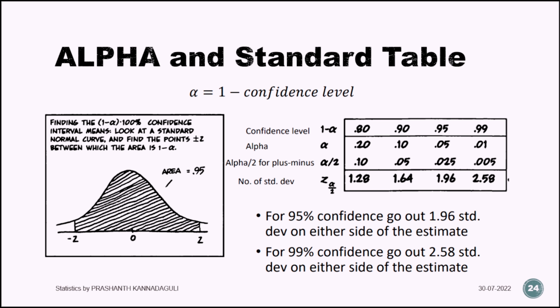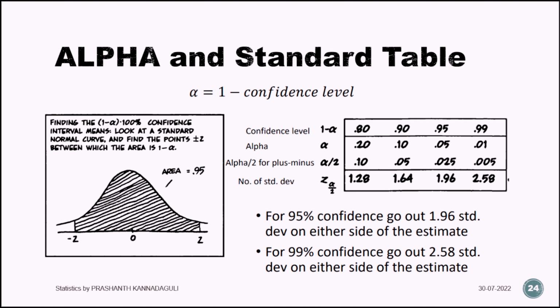So just look at the table. Here you can see the first row represents the confidence level. Again, this is a part of the table. The whole table is not required, just to understand the concept. Confidence level means 1 minus alpha: take this to the other side, bring the alpha to this side, so this becomes 1 minus alpha.